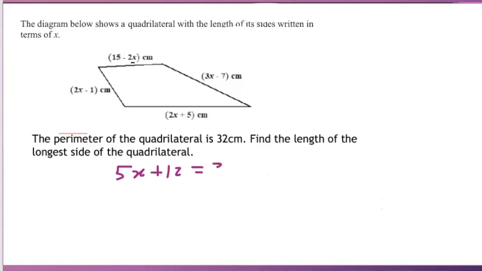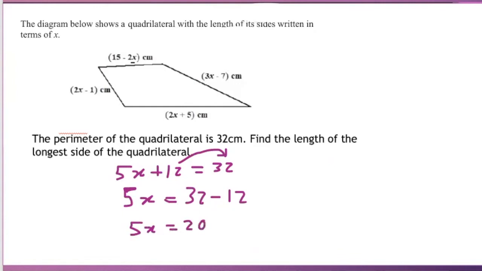So from this I can find the value of x by transposing. I'll carry the 12 over, so it becomes negative. So I have 5x equal to 32 minus 12. So 5x is equal to 20.